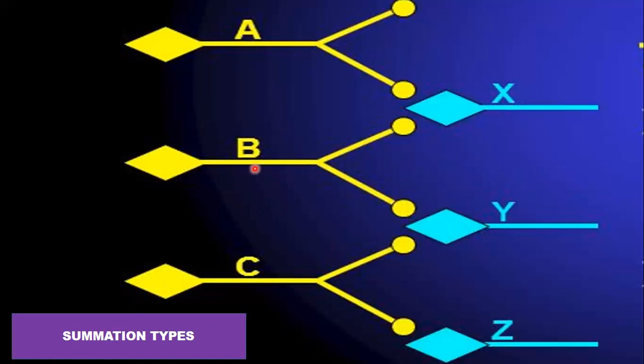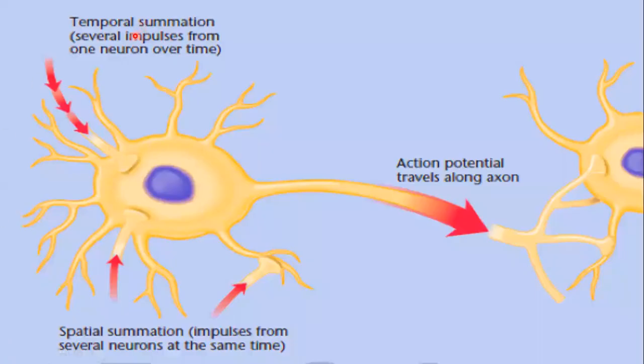Temporal is repeated discharge, whereas the spatial can be turn by turn also and at the same time. So here you see temporal summation, several impulses from one neuron over time, and spatial is at the same time.